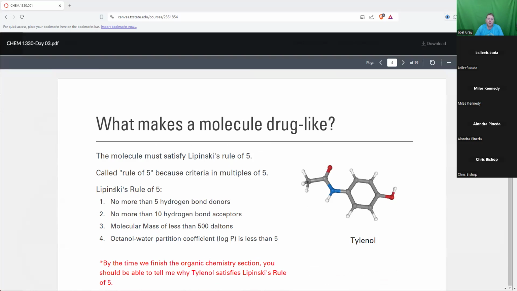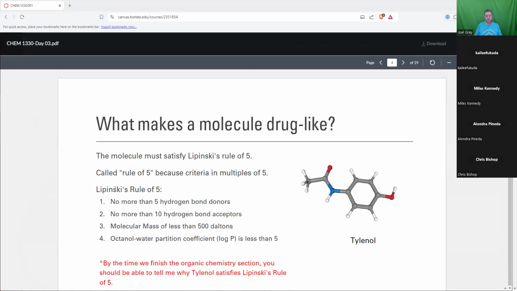It can also have no more than 10 hydrogen bond acceptors. It can have a molecular mass of less than 500 Daltons and an octanol-water partition coefficient, a log P, less than 5. Now, one thing that I talked about during this lecture was a molecule might have more than 5 hydrogen bond donors.